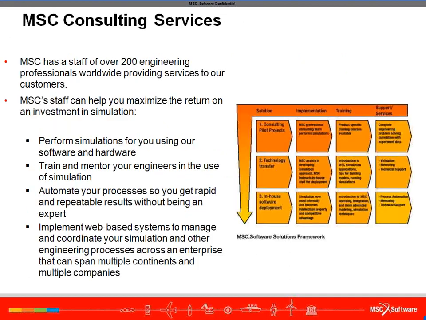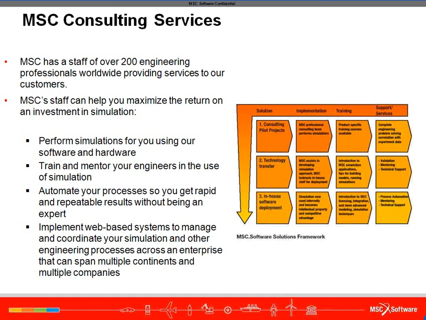We have discussed the simulation software offering from MSC and also the simulation process management pieces from MSC. I would also like to point out the final and another important aspect of services offered by MSC. The worldwide MSC services team has a pool of over 200 engineers with a broad variety of industry experience.